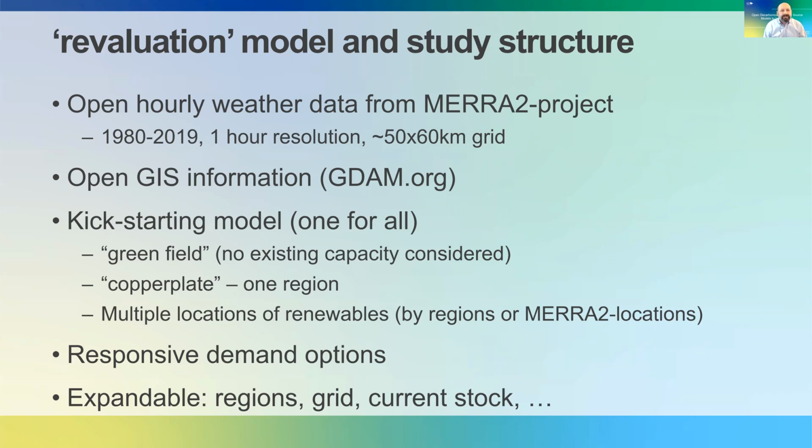It's 40 years of one hour resolution data, 50 by 60 kilometers, and we can use it, so why not? We also have GIS information, already freely available. So the idea is to develop kickstarting models for greenfield, copper plate. It's a beginning, but it's expandable, so you can add to it later and make this kickstarting model available for any location at very low cost.